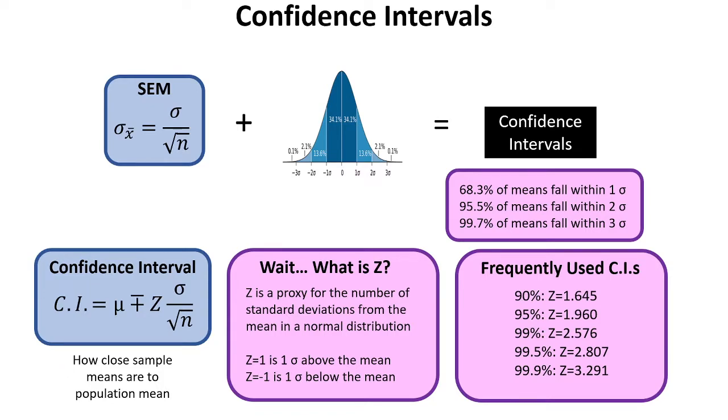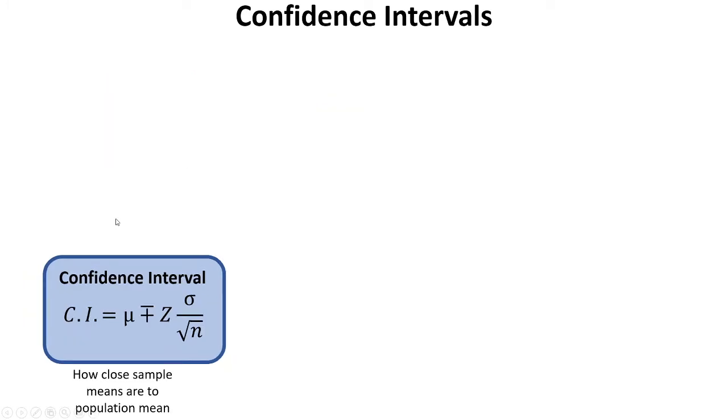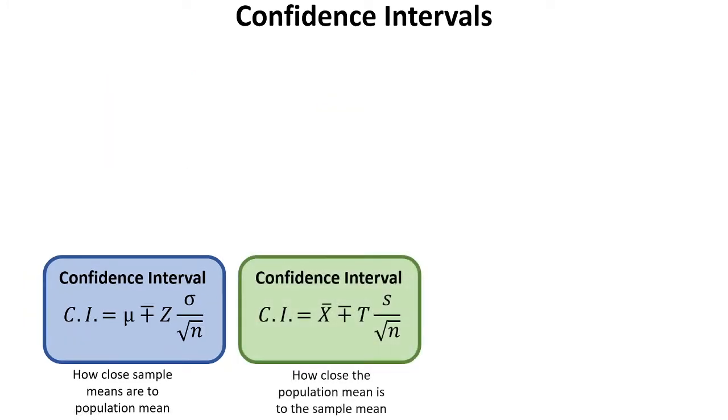And we can describe the likelihood that the sample means are going to be close to the population mean using this equation, right? But this isn't quite as useful to us as this other version, where we describe how close the population mean is to the sample mean.